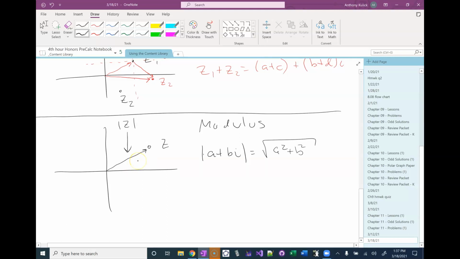If I wanted to define this angle, we can say the same thing that we would for vectors, that the tangent of that angle is equal to b over a.